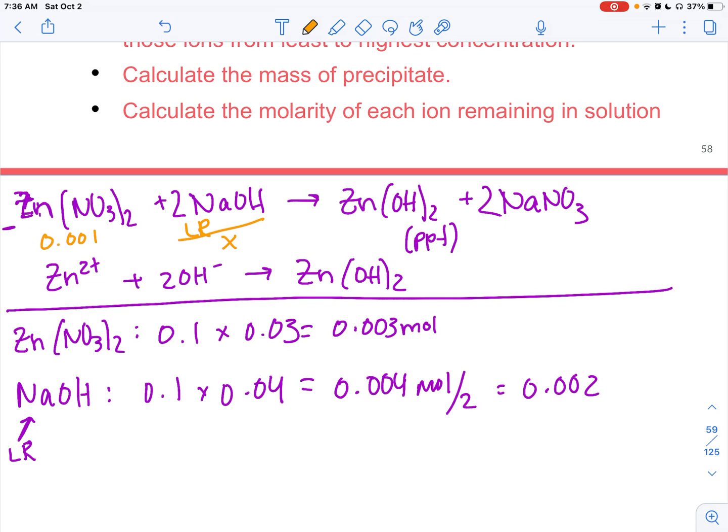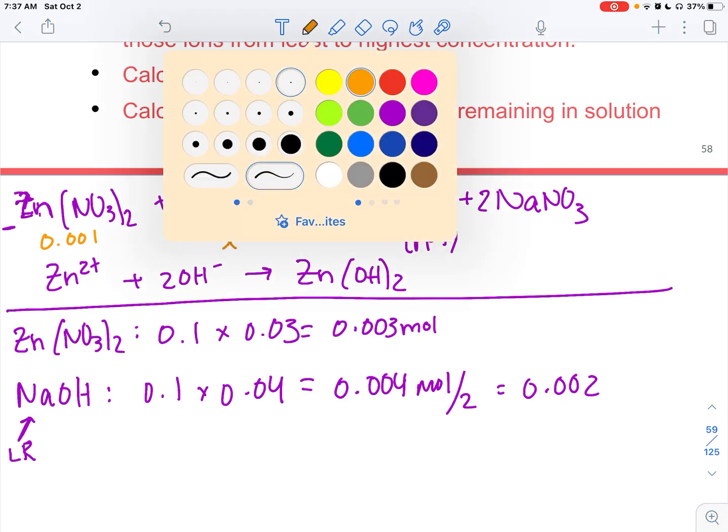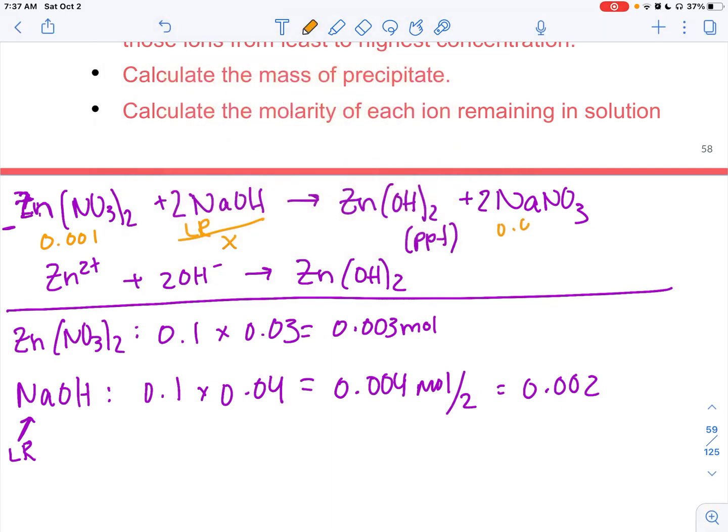Precipitate we don't care about for ions. And then we're going to make 0.002 here. Oh, excuse me. I was doubling the wrong thing. So we would do 0.004.